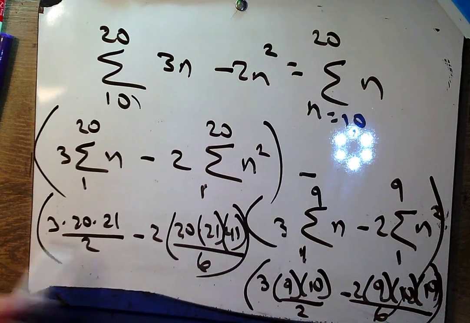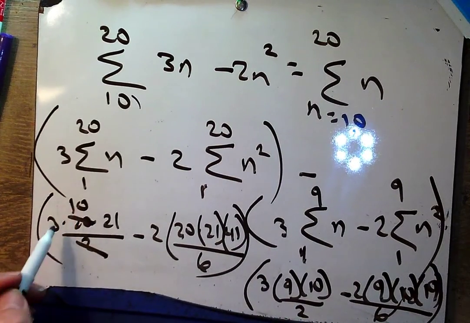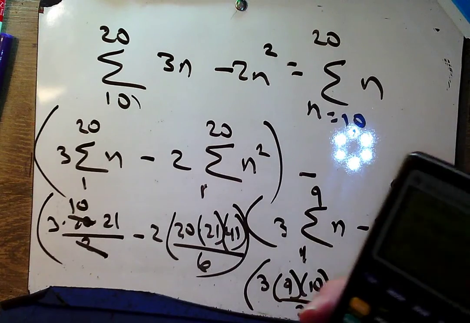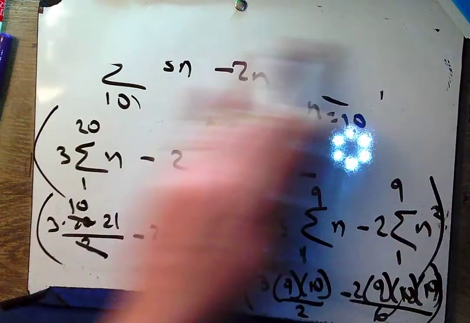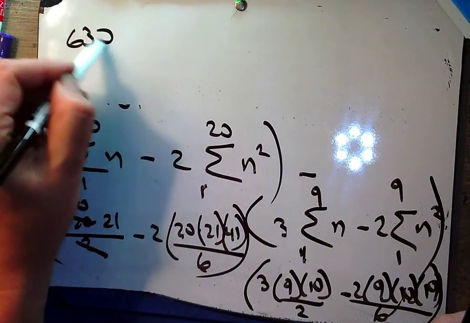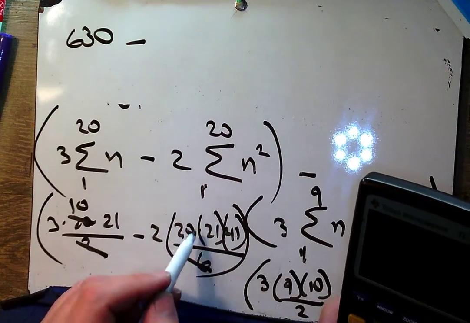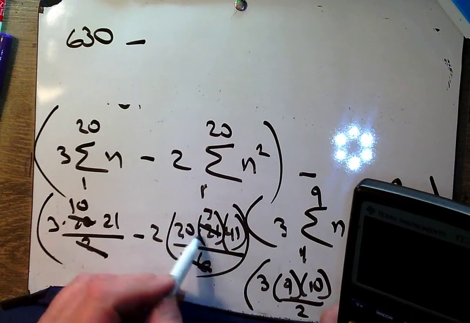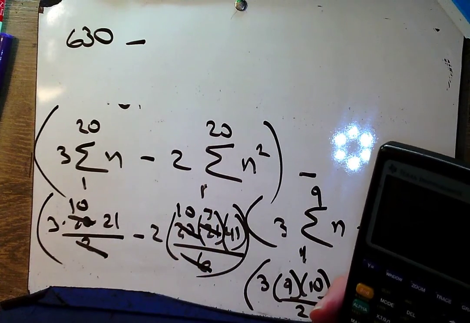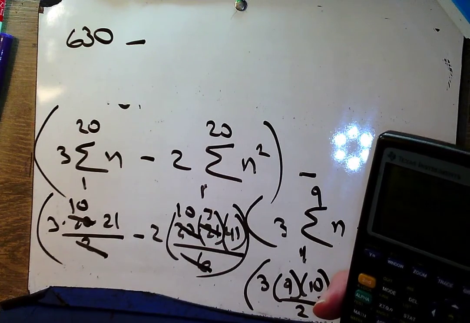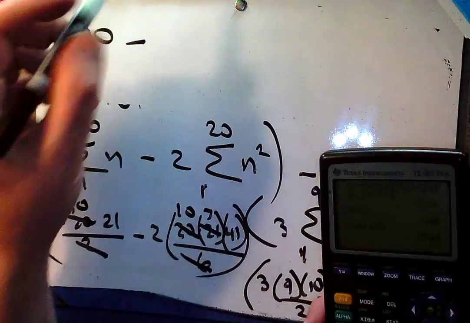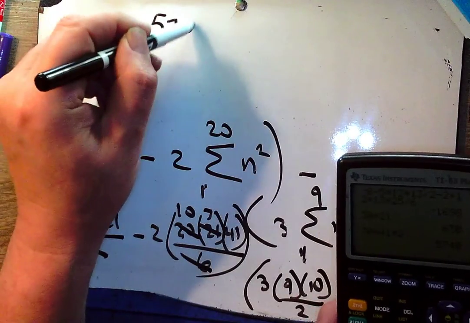All right, so here I can do some simplifying. With 30 times 21, that gives me 630, minus, I can do some canceling here, 7, 10, 70 times 41 times 2. I get 5740.